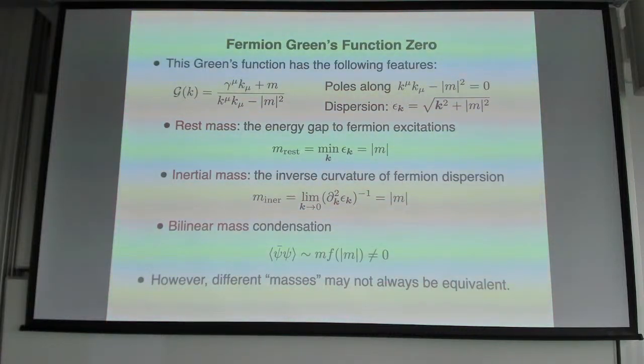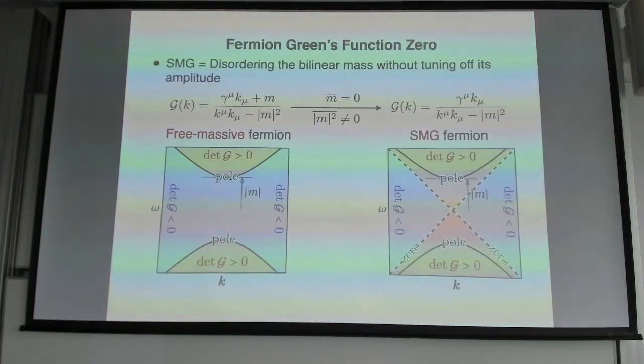So that's our intuition in the free fermion limit: when you open a mass for this relativistic fermion, you simultaneously acquire a rest mass, an inertial mass, and also bilinear mass condensation. However, all these consequences may not be related in general.